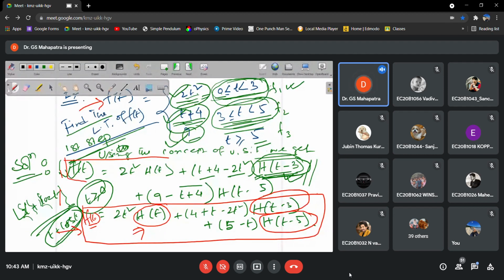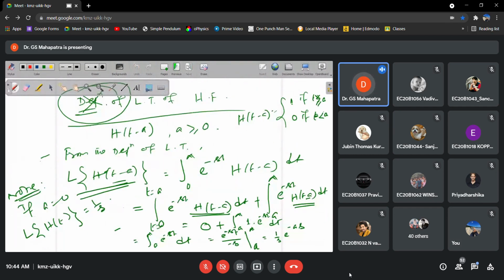Okay. Before that, I will come to you again after some time. So this one we have discussed, from the definition, the Laplace transform of the unit step function. Okay, let us see how many.